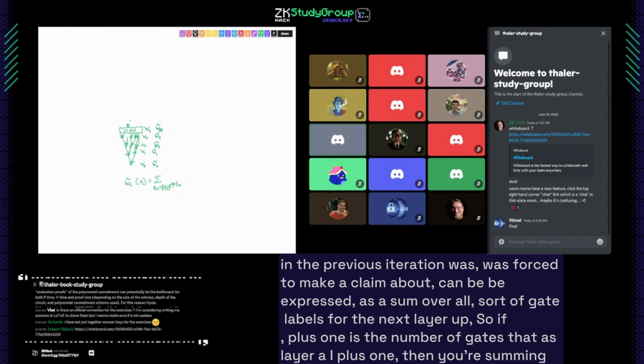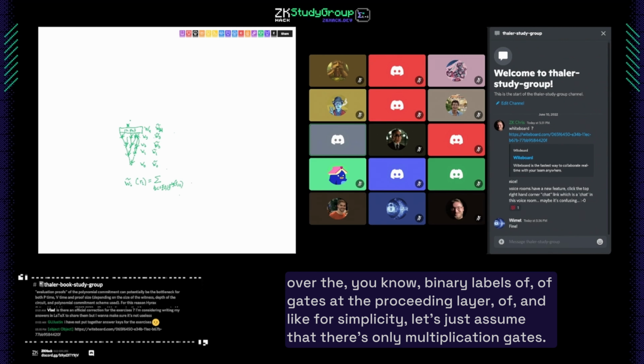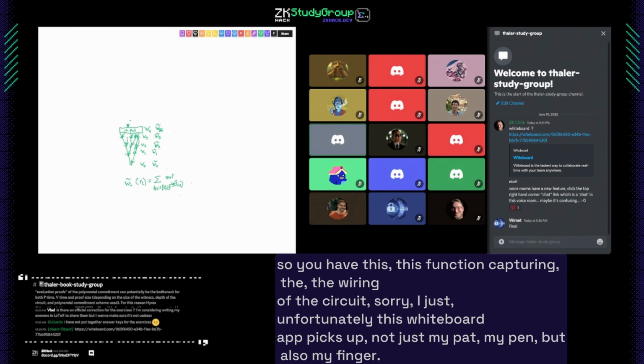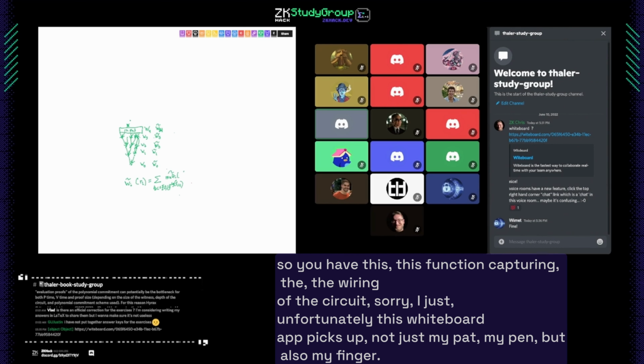So if S_{i+1} is the number of gates at layer i+1, then you're summing over the binary labels of gates at the preceding layer. And for simplicity, let's just assume that there's only multiplication gates. So you have this function capturing the wiring of the circuit.